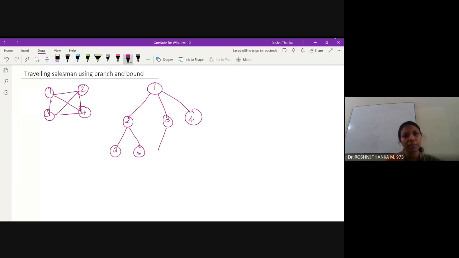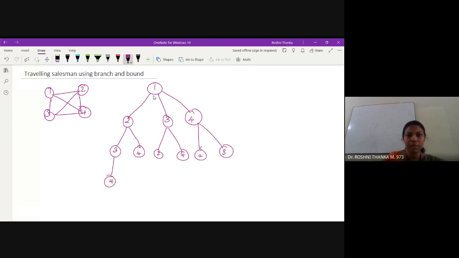2 and 4. Now in this place, he visited 1 and 4, so the other two places are 2 and then 3. In this path, the person started from 1, came to 2, and then 3, so the only place left out is node 4.